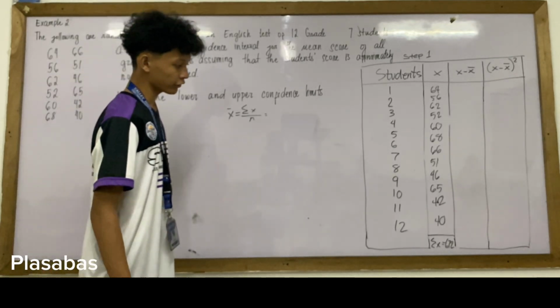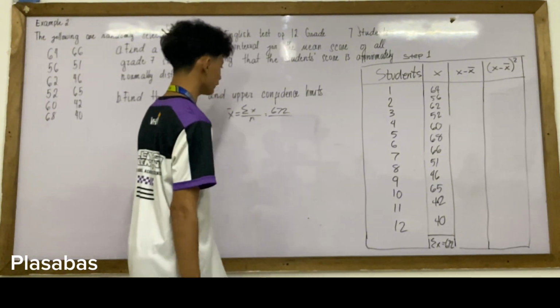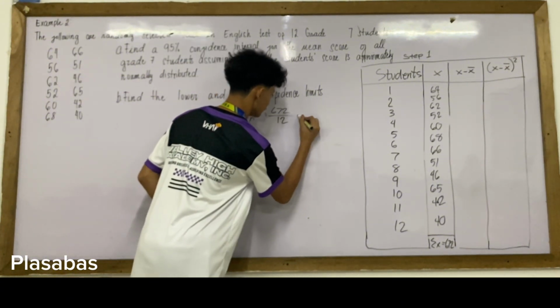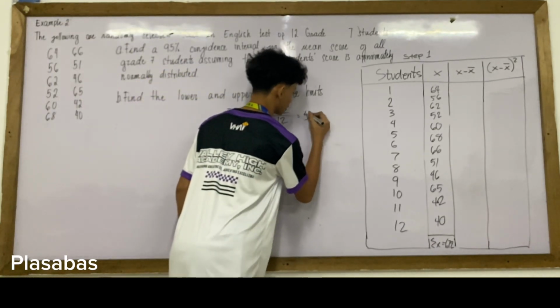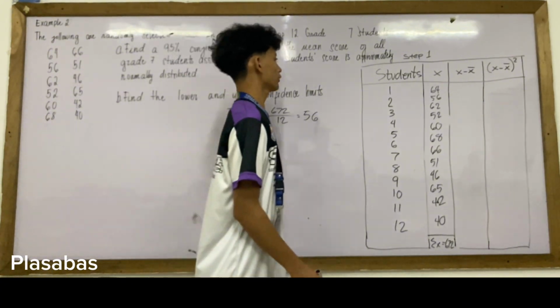Our summation of x is 672 and our n is 12. So 672 divided by 12 is equal to 56. So the sample mean is 56.